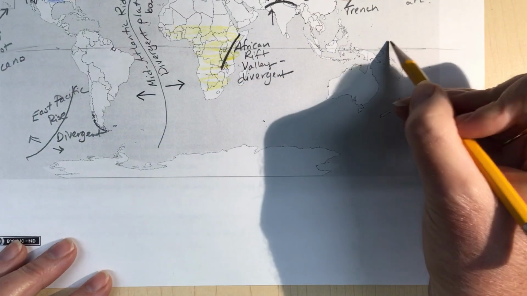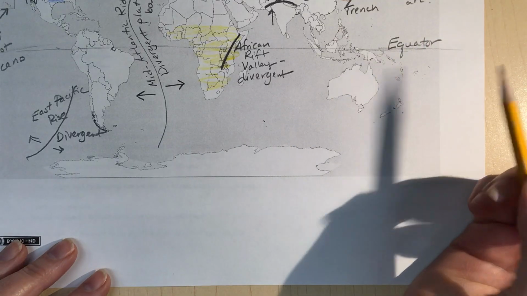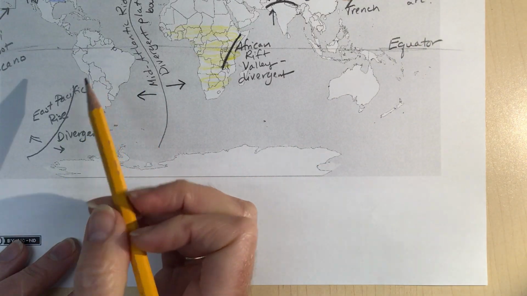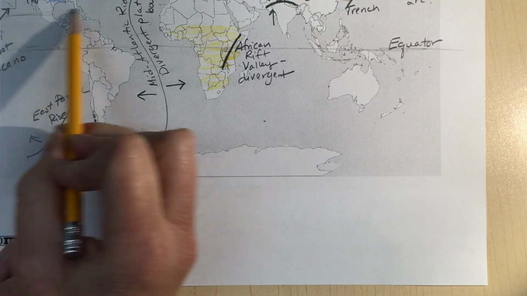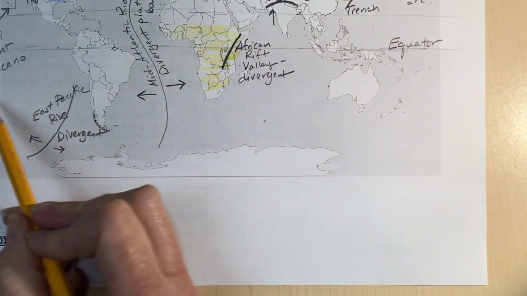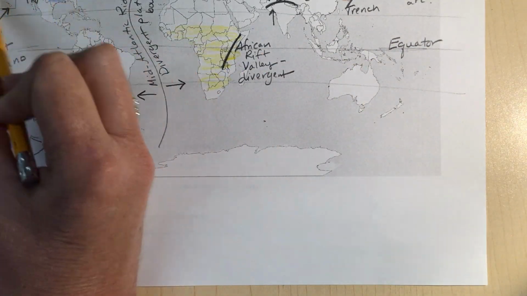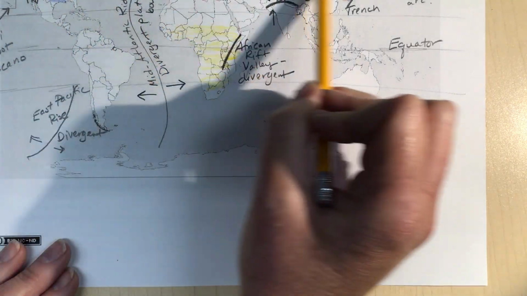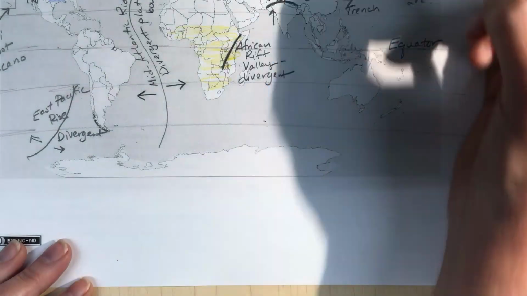So remember, something that can help you to remember these things is that you have tropical zones. The tropics are, this is just a rough estimate, kind of like here. And then our temperate areas are about like that. And then we have our polar regions.